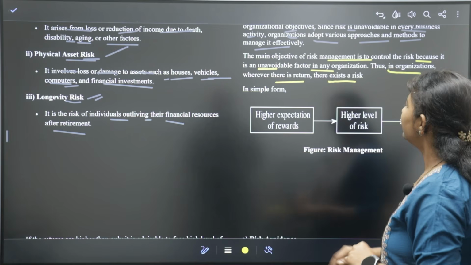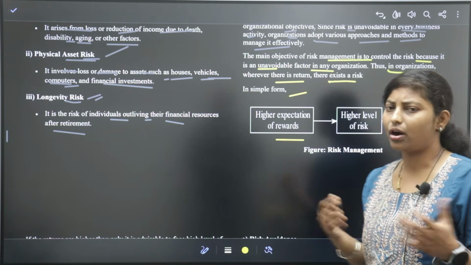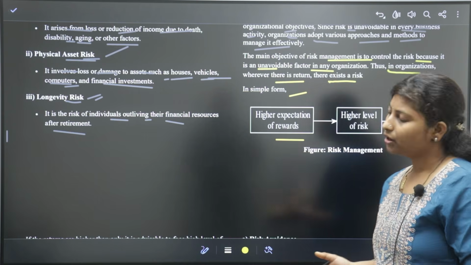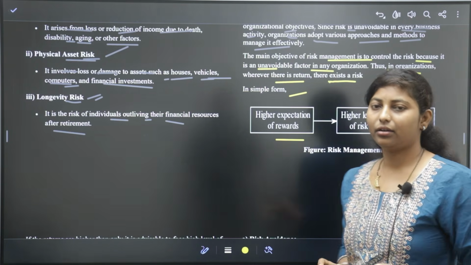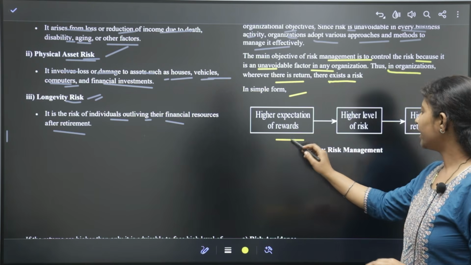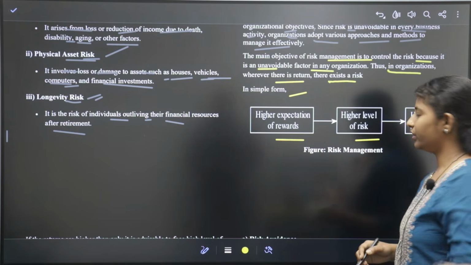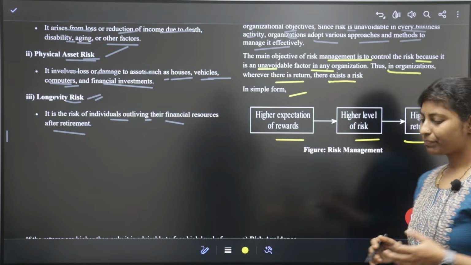Let's see it in simple form. If you expect higher rewards, obviously there will be a higher chance of risk. If you expect higher rewards, you will get a higher level of risk, and then you will get higher returns.